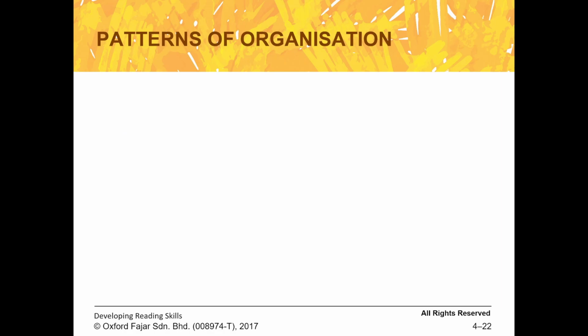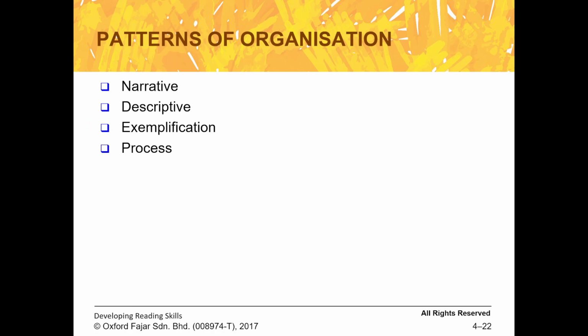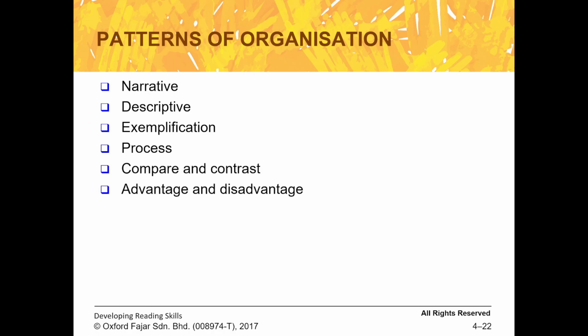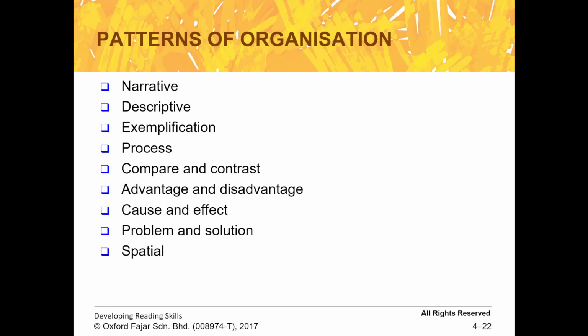Every kind of reading passage will be organized in certain patterns depending on their purpose. Okay? So it can come in the form of a narrative, descriptive, exemplification, process, compare and contrast, advantage and disadvantage, cause and effect, problem and solution, spatial, and topical, as well as chronological.